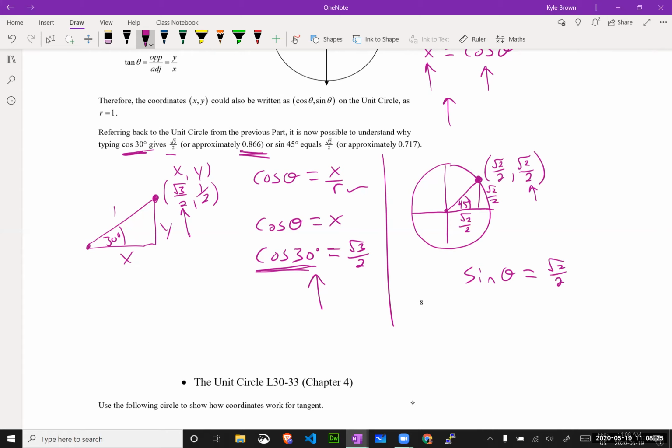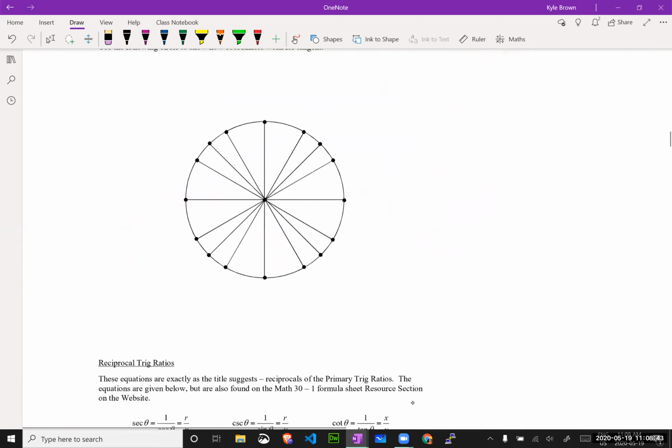And that happens at sine 45 degrees. So if I type in sine 45 degrees, I get root 2 over 2, the y value. That's the sine value, the y value. It's going to be really interchangeable here. Whenever I say sine, I mean y. Whenever I say cos, I mean x. They're interchangeable now.